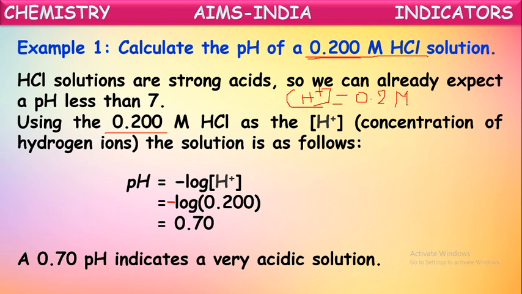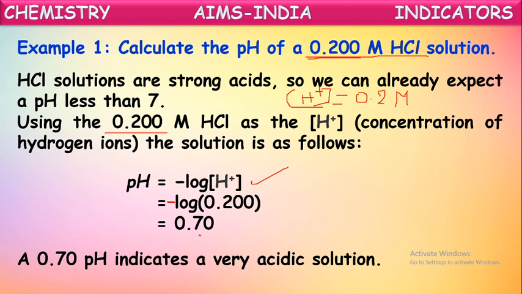We have the formula pH is equal to minus log of H plus ion concentration. So if you substitute the H plus ion concentration in the formula, we get the pH value. Hope you know how to calculate logarithmic values. If you calculate log 0.2, we get minus 0.7. Since there is a minus sign initially, we finally get pH as 0.7.